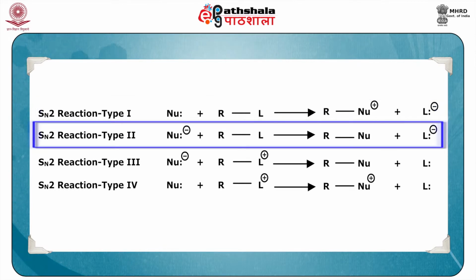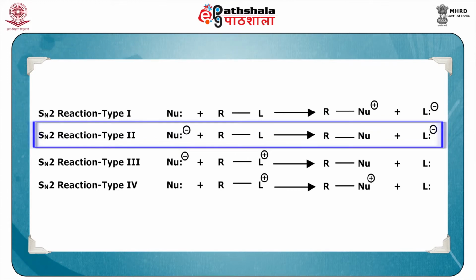Coming to the second category, the type 2 SN2 reaction, the substrate is neutral and the nucleophile has a negative charge. With the type 2 SN2 reaction, the high solvent polarity increases the solvation of the nucleophile. The solvent cage is formed around the nucleophile. It is so stable that it must disperse before the nucleophile can actually attack the substrate molecule.